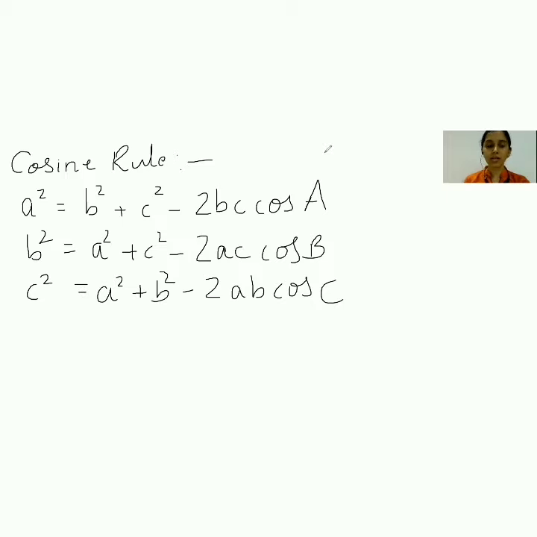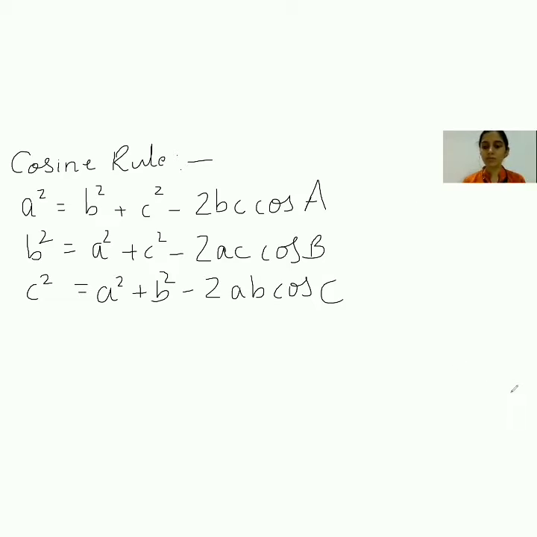If I say a square, then it will be equal to addition of the other two squares, b square plus c square, subtraction of 2 times the first two terms, b and c, cos of the given left hand side, that is cos of capital A. Again, b square will be addition of the next two sides, leaving b square, a square plus c square, minus 2 into single of each of the first two terms, 2ac, cos of B, that is your left hand side again, and then c square is equal to a square plus b square minus 2ab cos C.